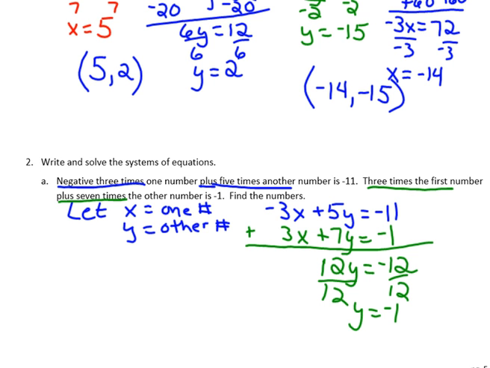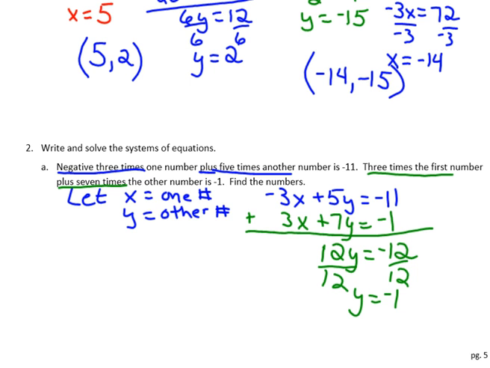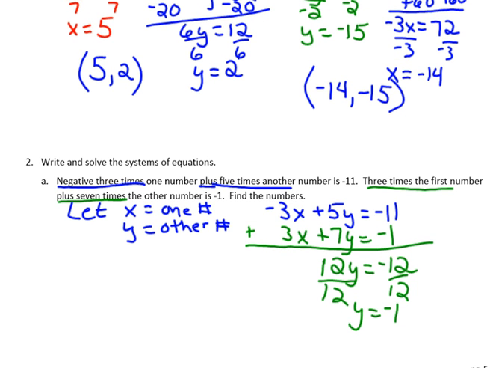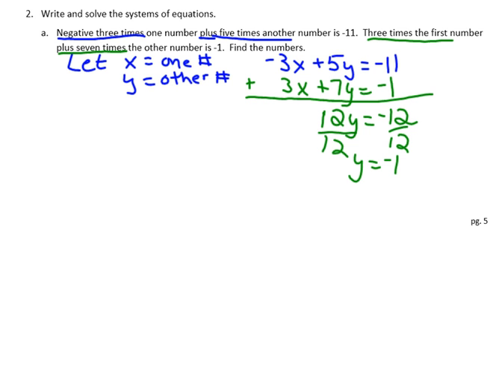Again, then I'm going to put that into one of my equations. Sorry, I know the screen's moving. Put the -1 into either one of the two equations I wrote. I'm going to pick the first one just because it's written first. So -3x plus 5y equals -11. I know y is -1.